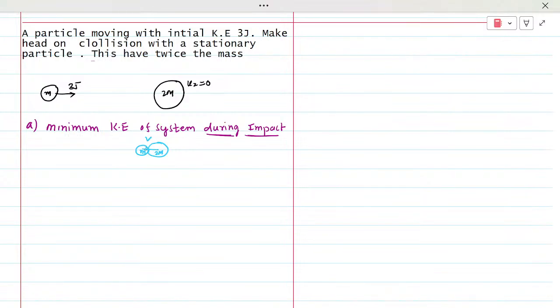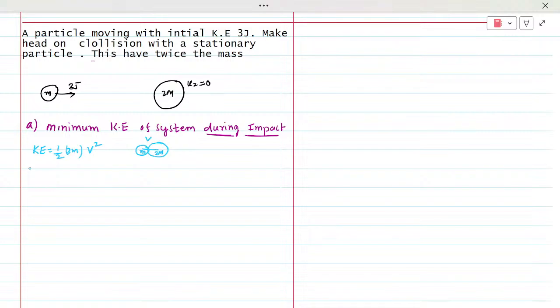And the change in velocity takes place in a very short interval. That is called impulsive force. We studied that already in another video, right? So therefore, it is asking for the minimum kinetic energy. Kinetic energy in this case is equal to 1 by 2 into (m plus 2m, that is 3m) into v square. So I want to find the v value.